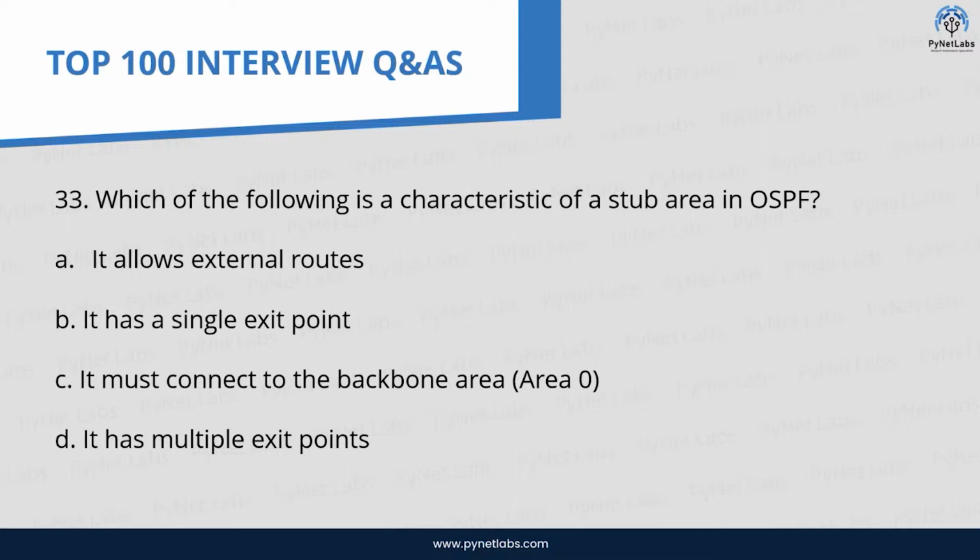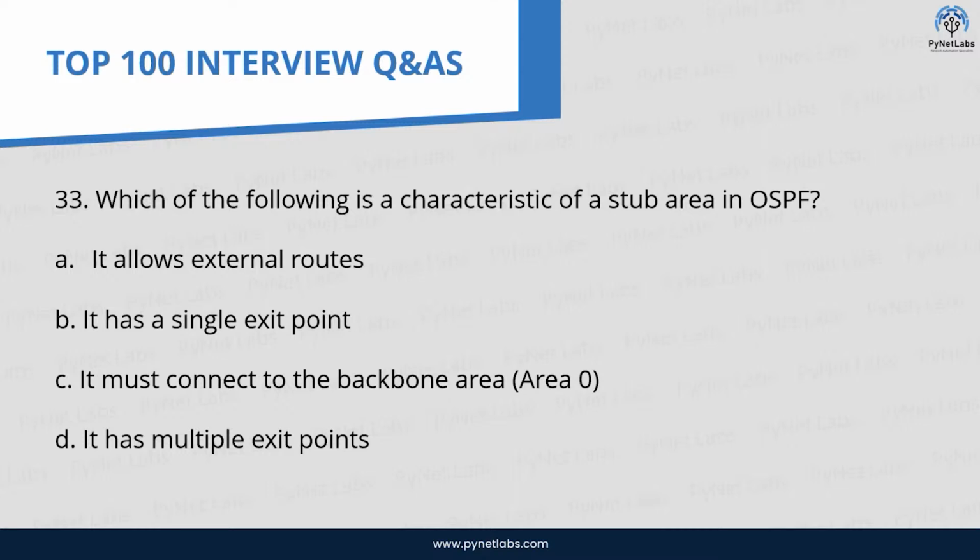This concept we call a single exit point in a stub area, which refers to the default behavior of OSPF in such areas. From all these four characteristics, external routes are not going to be there. Must be connected to the backbone area, option C, is not it, because that's a mandatory aspect for every multi-area design.